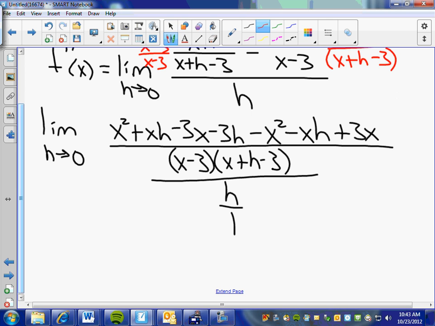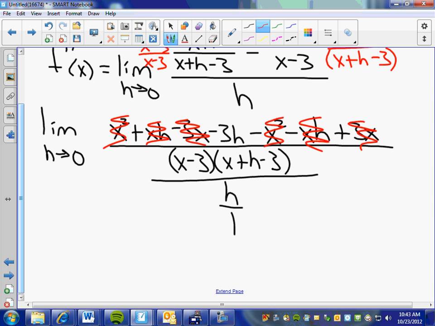What cancels? Yeah, again, you guys, this is so important. I want you to see this. As you notice, you see these front pieces, the x squareds cancel right away. You also see the minus 3x and plus 3x cancel. xh minus xh, you're left with the negative 3h.